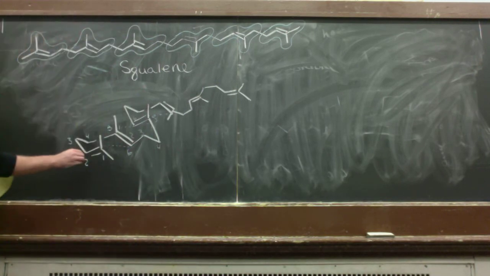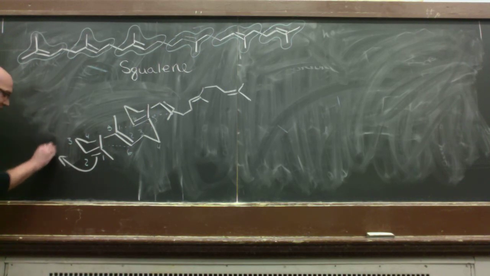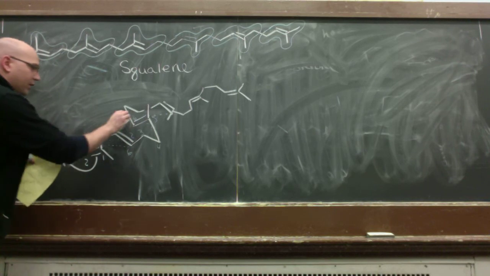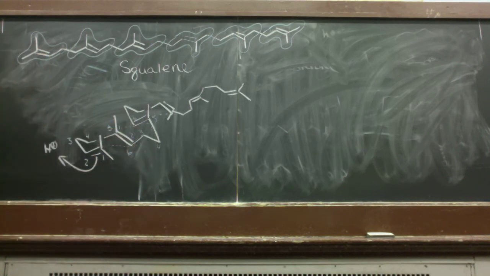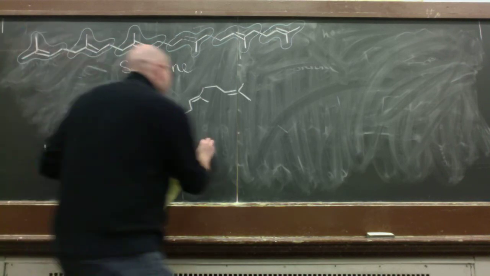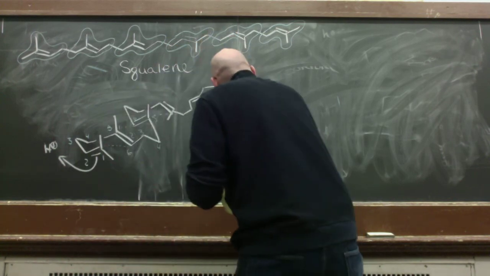What happens in this process is that this double bond here is going to react with something, right? Oxidation or something like that. Sometimes you can imagine an epoxide. For the sake of keeping board space, I'll just draw a proton there, okay? So I'm going to protonate this molecule, and I'm just going to draw up to that point, and then I'll show the R group to save time and board space.